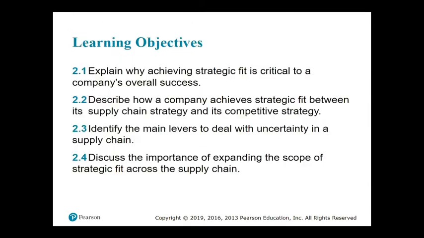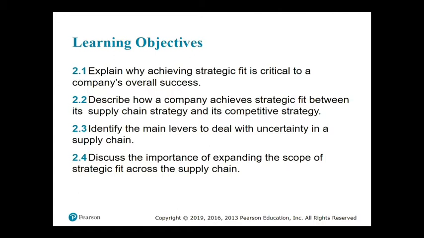Now, in chapter 1, what we talked about is how we define supply chain, and the importance of supply chain design, planning, and operations to a firm's success. And we mentioned supply chain strategies and supply chain design decisions.